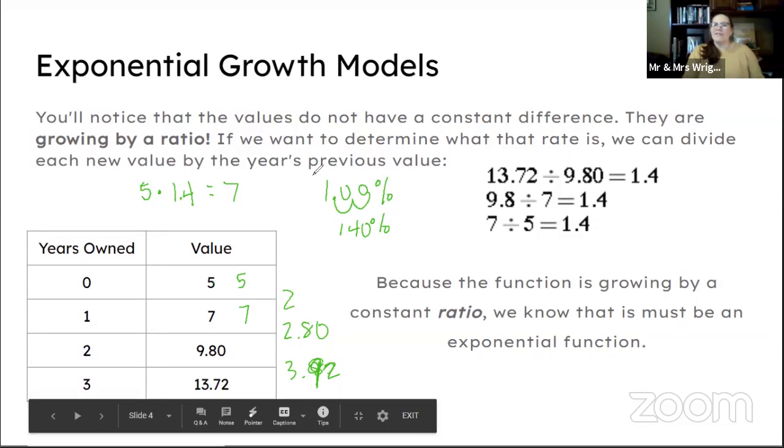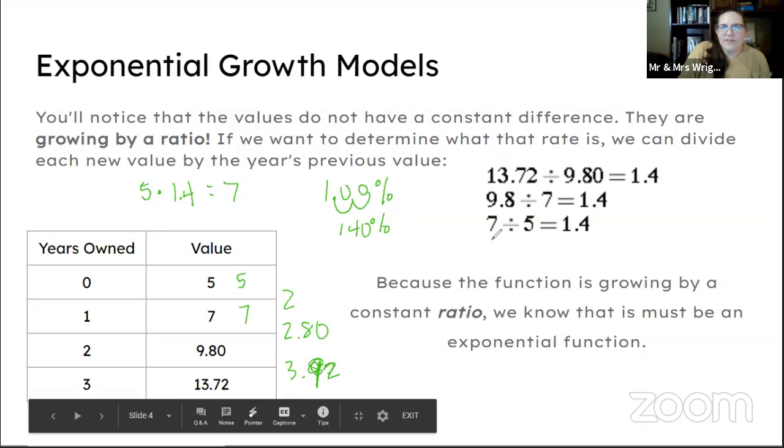So when I multiply by this ratio of 1.4, instead of doing the multiplication of the 40% and then adding in the last value that I had, I can just multiply by 1.4 instead of doing all that other math. And that reduces it down to just one problem.